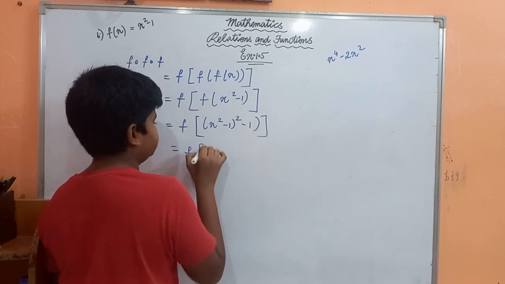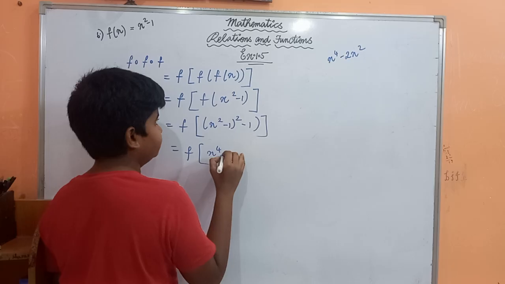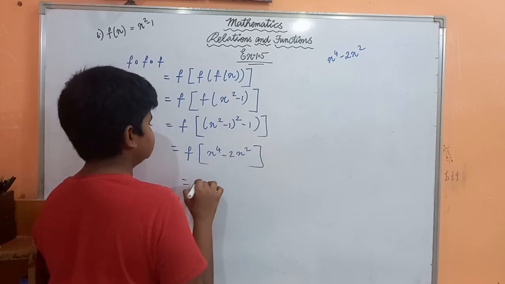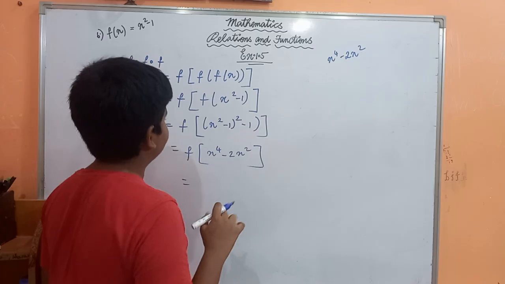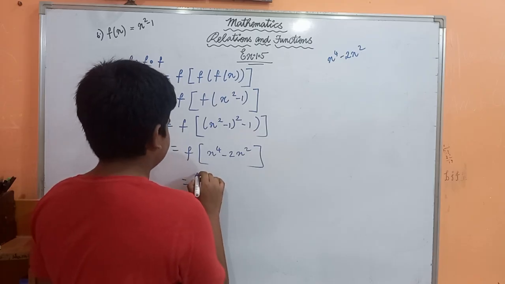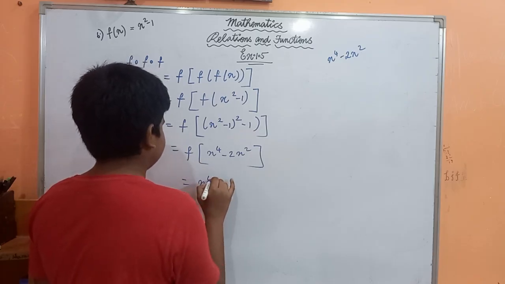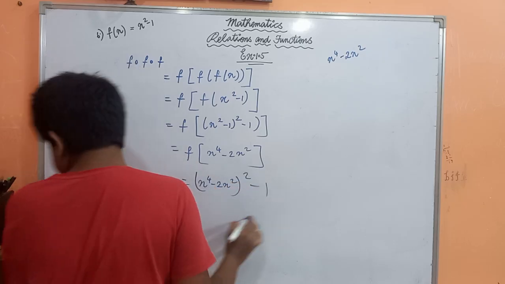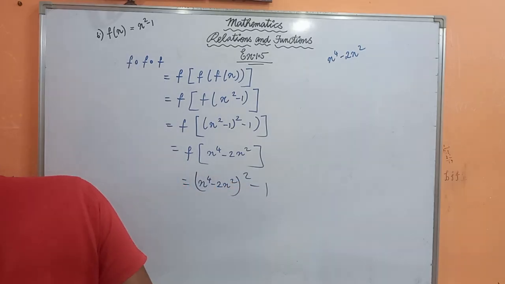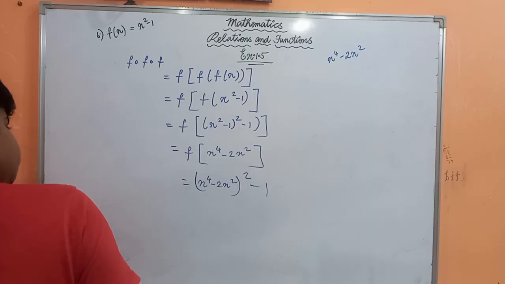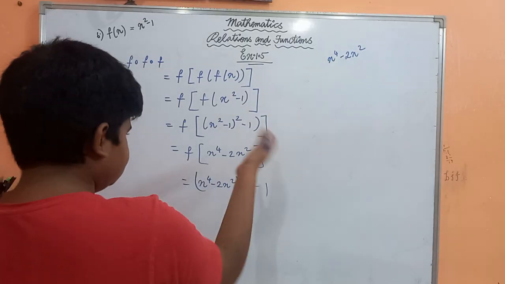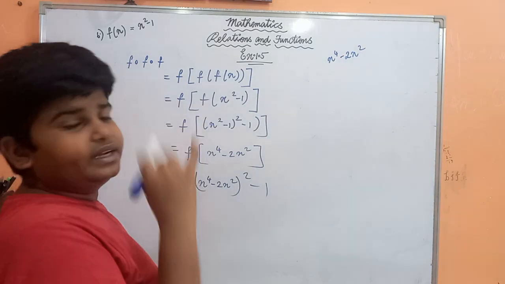So we can just substitute this again in f, so it becomes the previous answer squared minus 1. Yes, this is the answer, guys. Very, very easy. Did I tell you that?